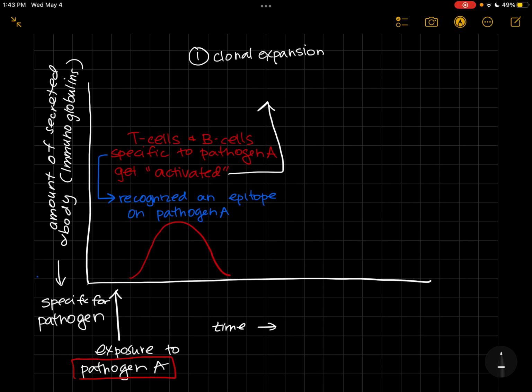And when they do clonal expansion, they're going to make effector cells, and they're also going to make memory cells.